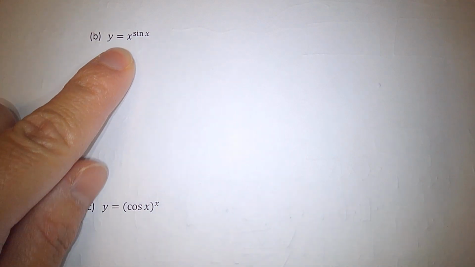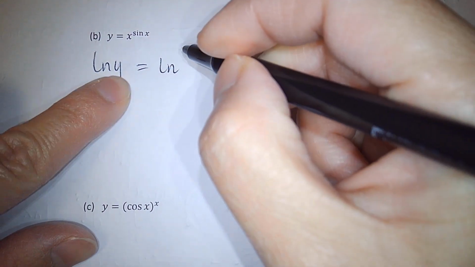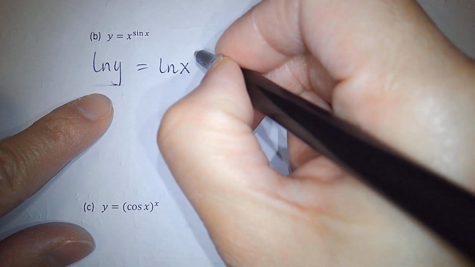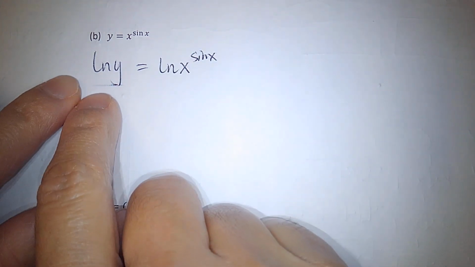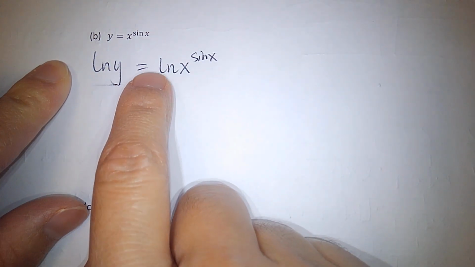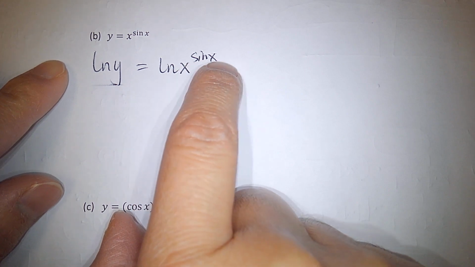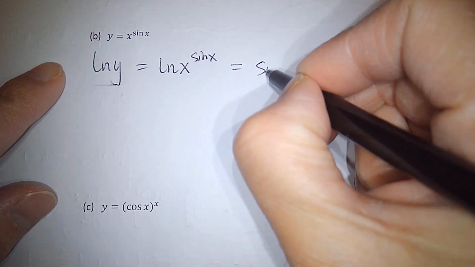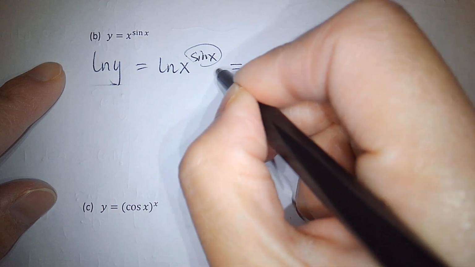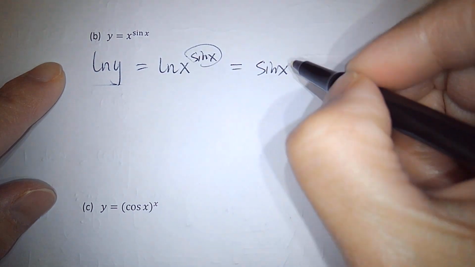What do we do first, everybody? Take the natural log from both sides. So the left hand side gives us ln y, and the right side gives us ln of x to the sin of x power, and we write this exponent in front of the ln x.